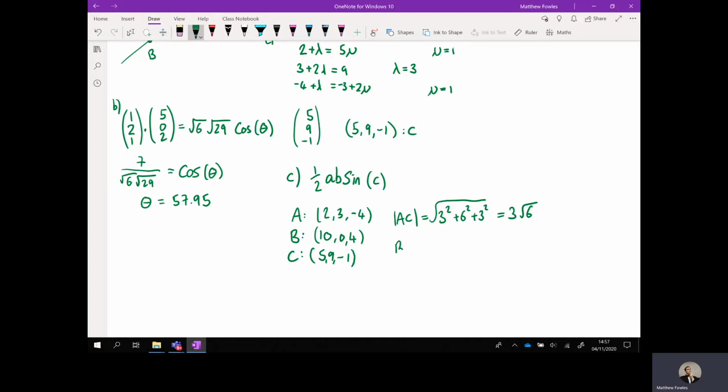And then from B to C, which is the second of the little lines, the same method will give us 10 squared plus 0 squared plus 4 squared, giving us 2 root 29.